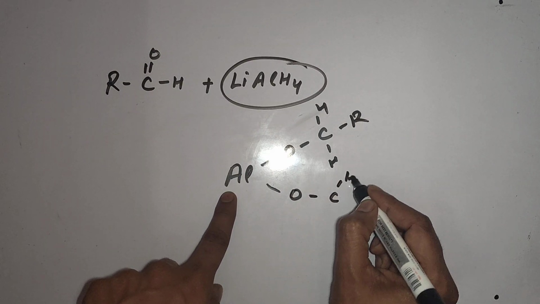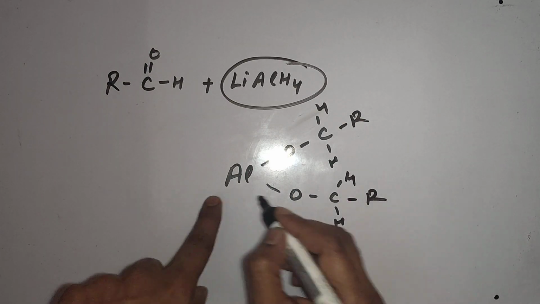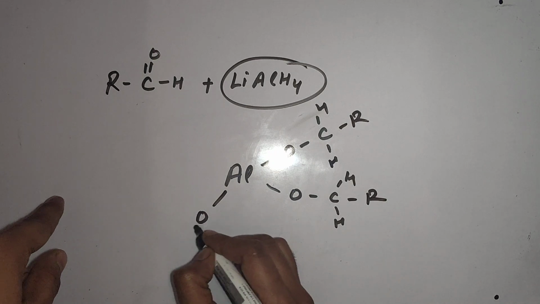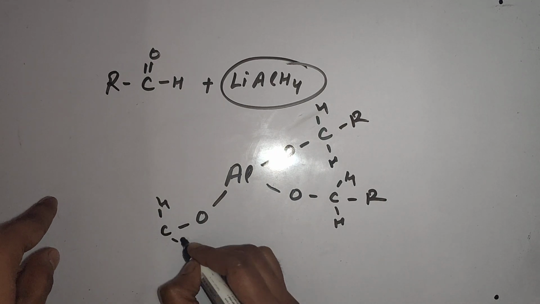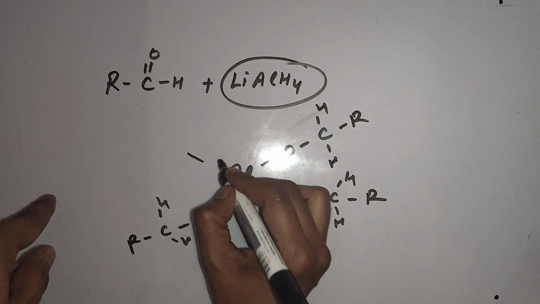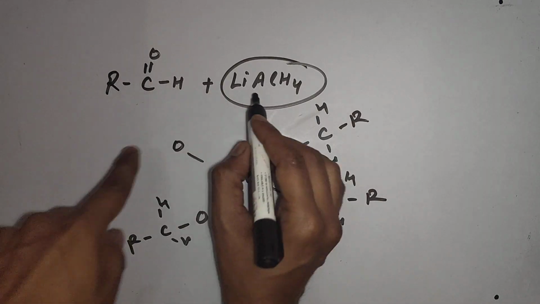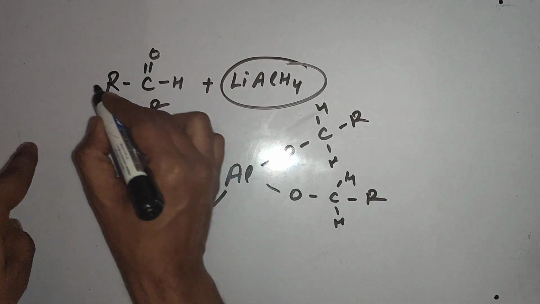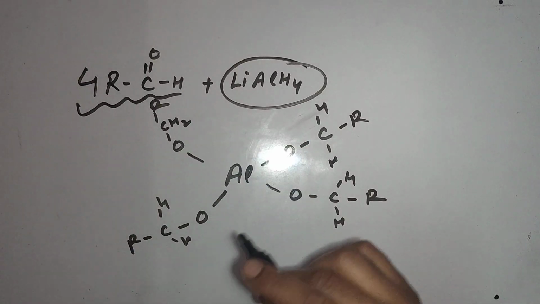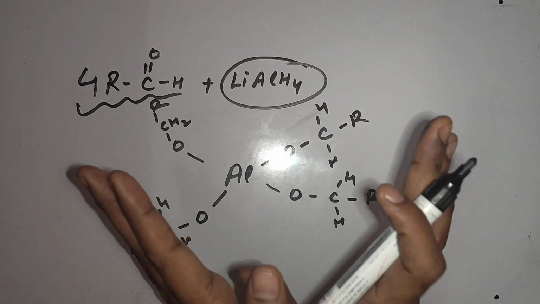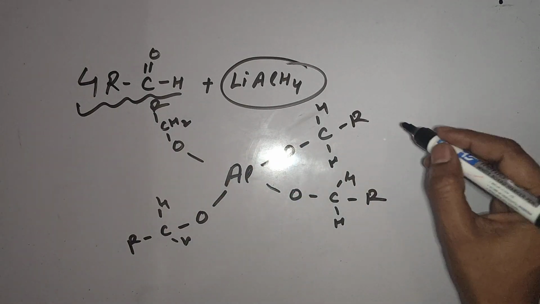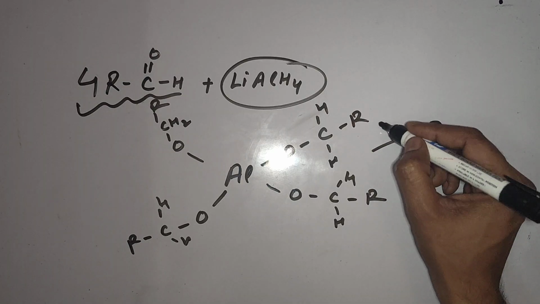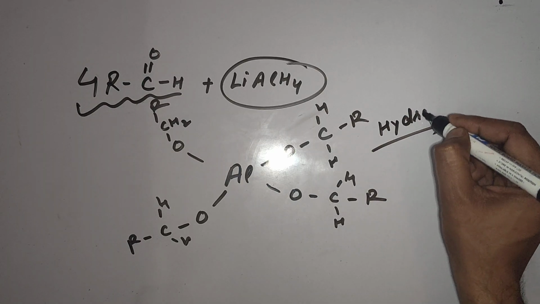Check carefully, you will find out. One lithium aluminium hydride was able to react with 4 aldehydic particles, and it has given us this. After this process, which process we have applied there? Hydrolysis.